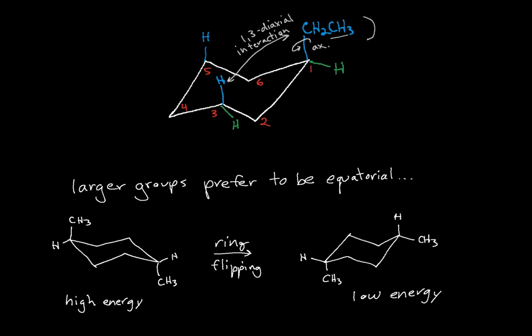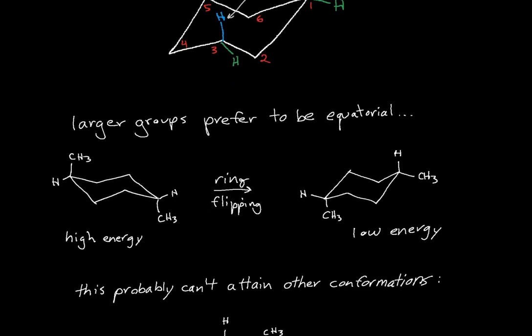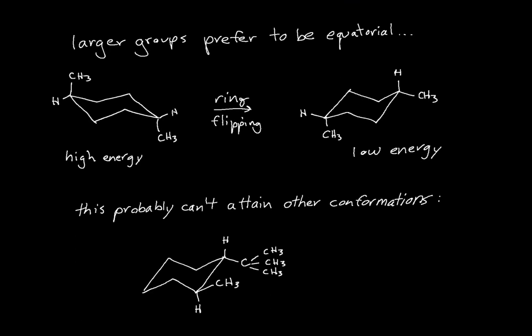So technically speaking, it ought to be 1,3,5 triaxial interactions, but I think I prefer the 1,3 diaxial actually. So because of this unfavorable energy interaction, larger groups will prefer to stay equatorial, and they can do so by ring flipping, just like we saw above.